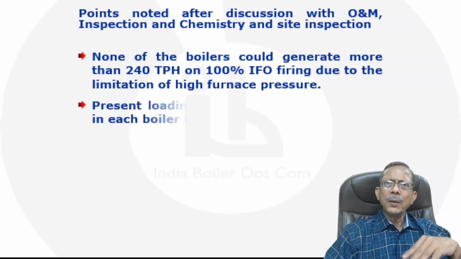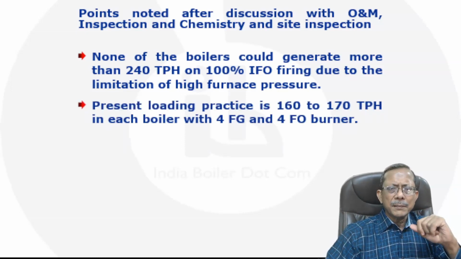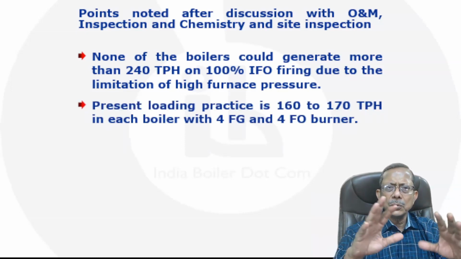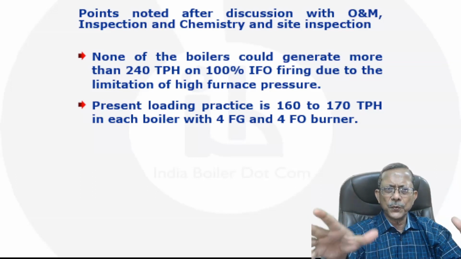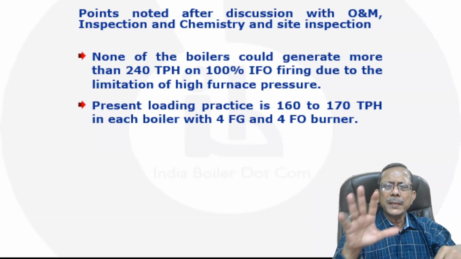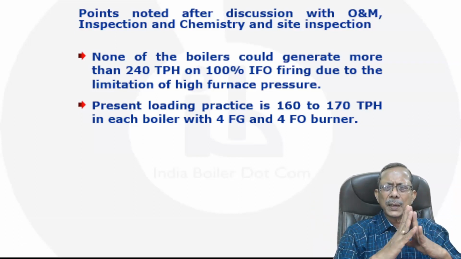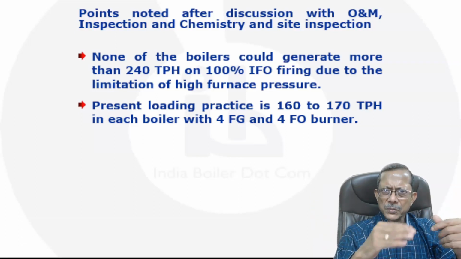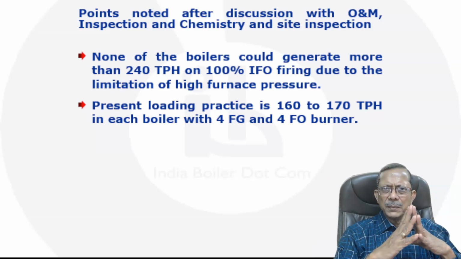Now, the second thing is that, since they have four boilers, they are managing with all four boilers together, and they are limiting the load to 170 ton per hour. I told you the reason: when they go to the maximum capacity of 230 to 240 tons, the furnace pressure goes very high and the flame also becomes very erratic.